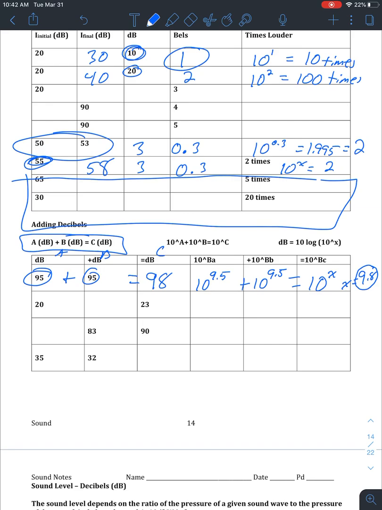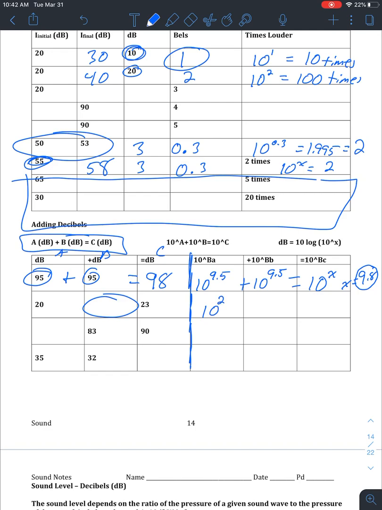So for the next one, it's the same kind of deal where we kind of break up the chart here. The work is on the right and the problem's on the left, where we're looking for this missing value. We know we have one sound source that's 20 decibels, adding to something else that's making it 23. So we solve the same way as we did before, except we're just going to have to do some subtracting.